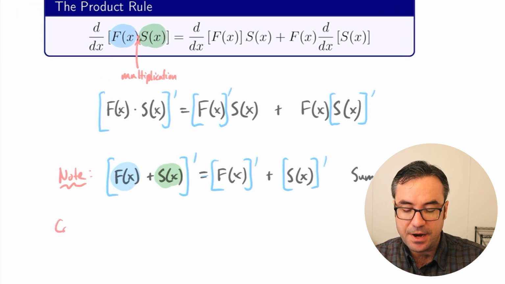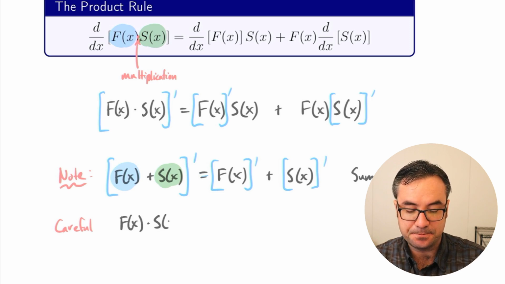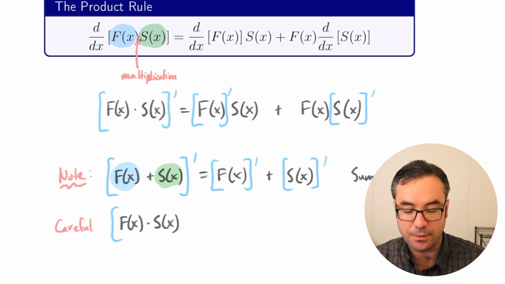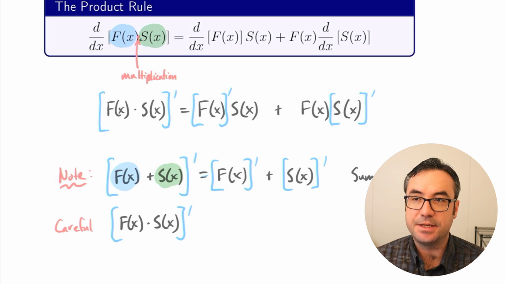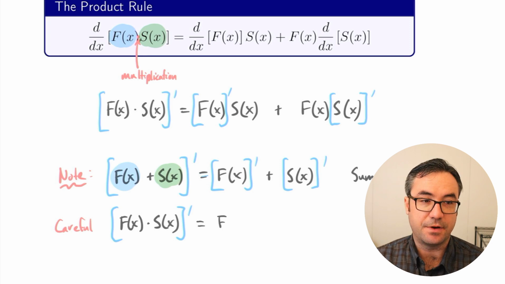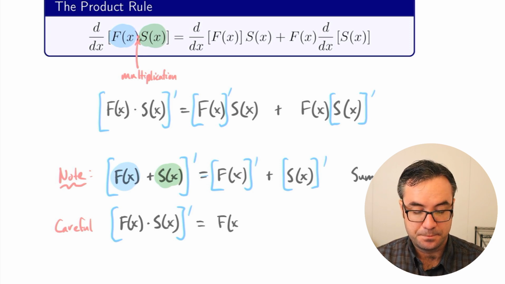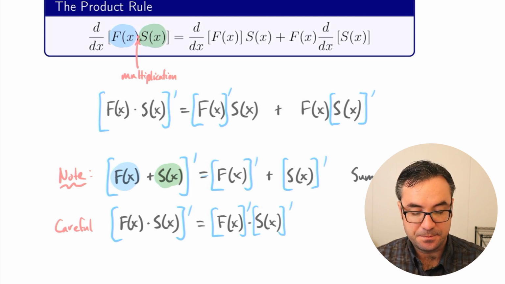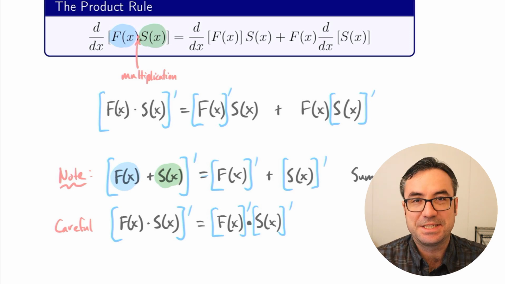It's very tempting, but incorrect, to say if we have two functions, f times s, and we're doing a product here, that if we wanted to differentiate this product, it is just the derivative of the first function times the derivative of the second function. So it's really tempting to say this.